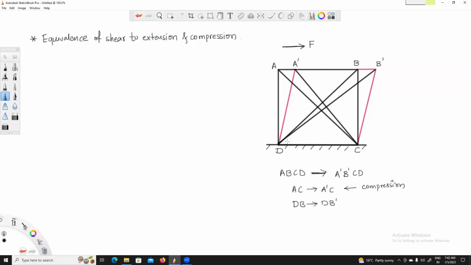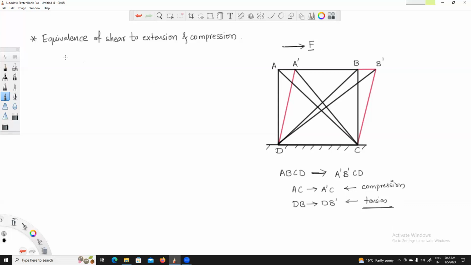And if you look at the diagonal DB, initially it was DB, and after the application of tangential force it has become DB dash, which is now increased. As the diagonal length DB is increased, I can say this is under tension. So in this particular example, by the application of tangential force F on the top surface of the cube, one of the diagonals is under compression and the other diagonal is under tension.